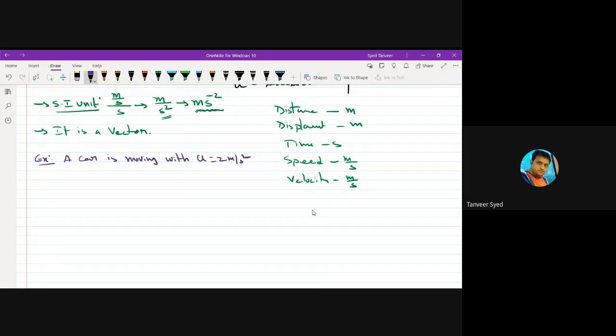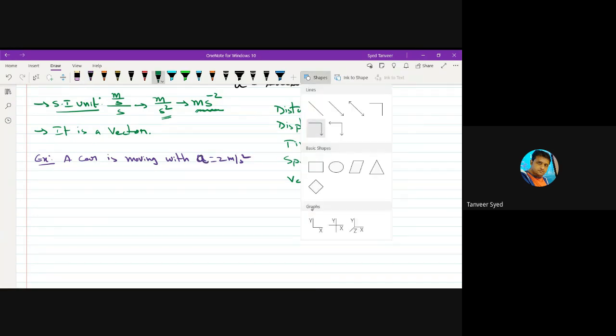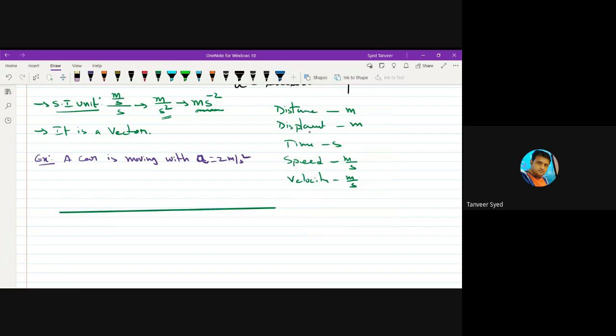What should you understand from this? The thing that you should understand is this. If you understand this, acceleration is done.